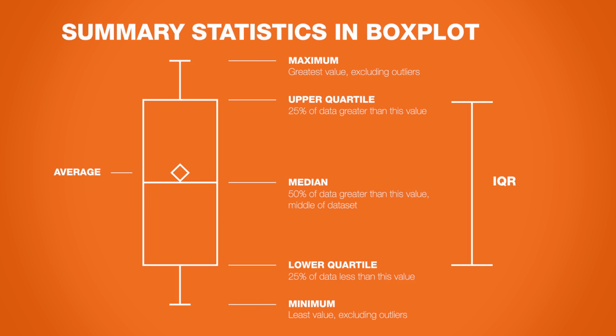The box plot, or box and whisker diagram, is a standardized way of displaying the data distribution based on the five-number summary: minimum, lower quartile, median, upper quartile, and maximum.